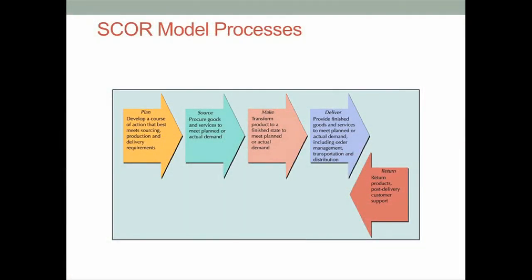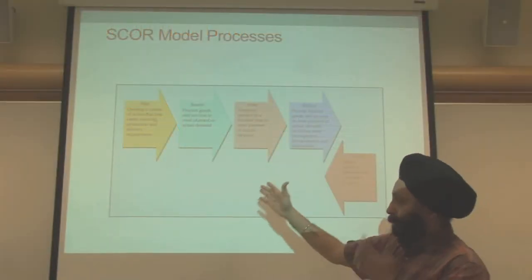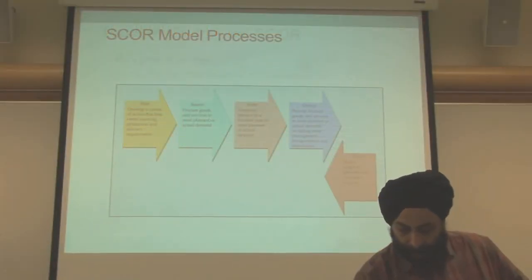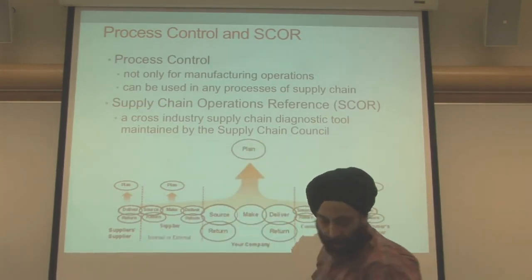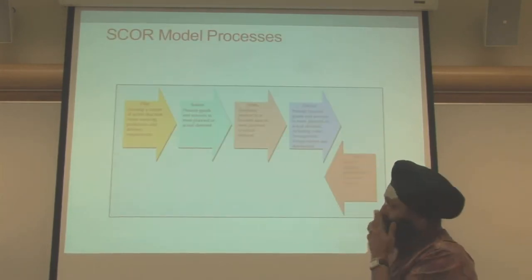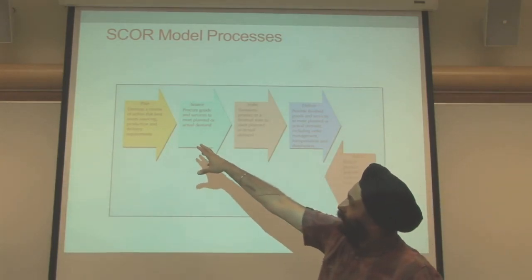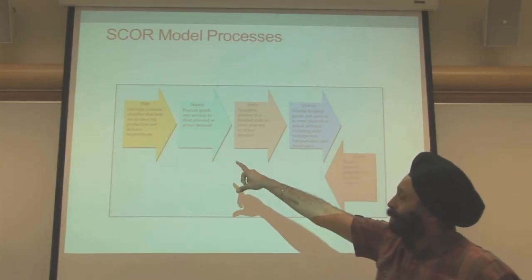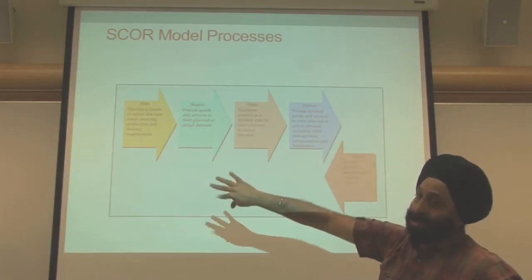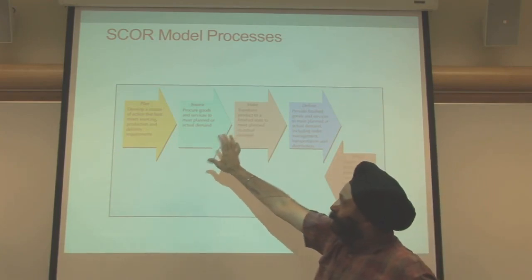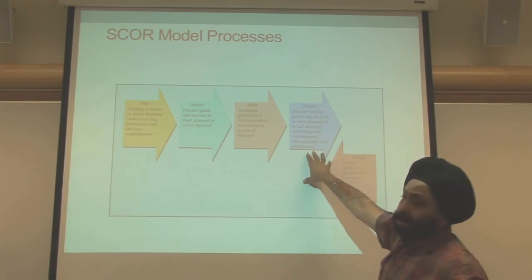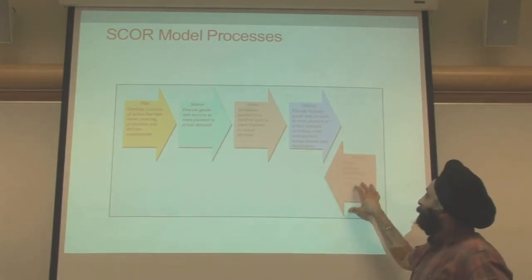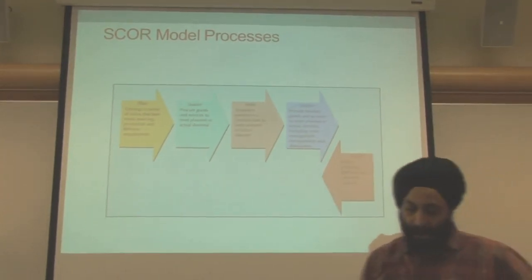In this case, plan, source, make, deliver, return are the key aspects. Notice that all of this is going through that planning. That's the overarching one. So you have planning, developing a course of action that best meets sourcing, production, and delivery requirements. So you design your supply chain, then you actually source the product material, make the product, deliver the finished goods, and then manage the returns as needed.